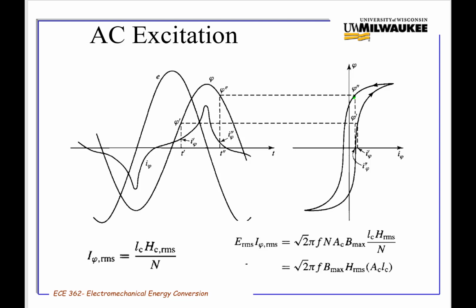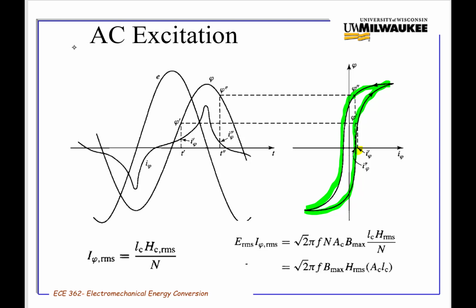The current's coming down, and then the current's going up like this. What this represents on the x-axis is a peak current, an instantaneous scalar value of current at a given point in time.